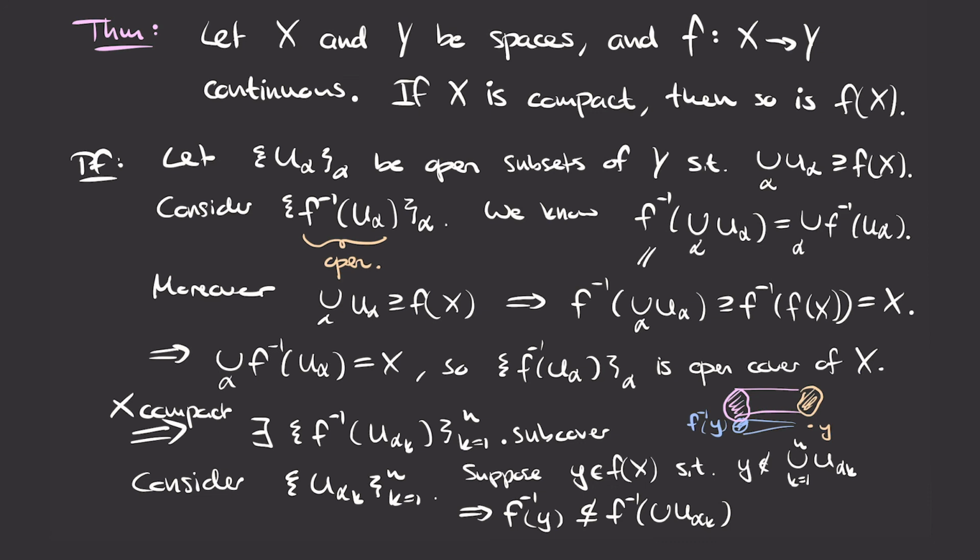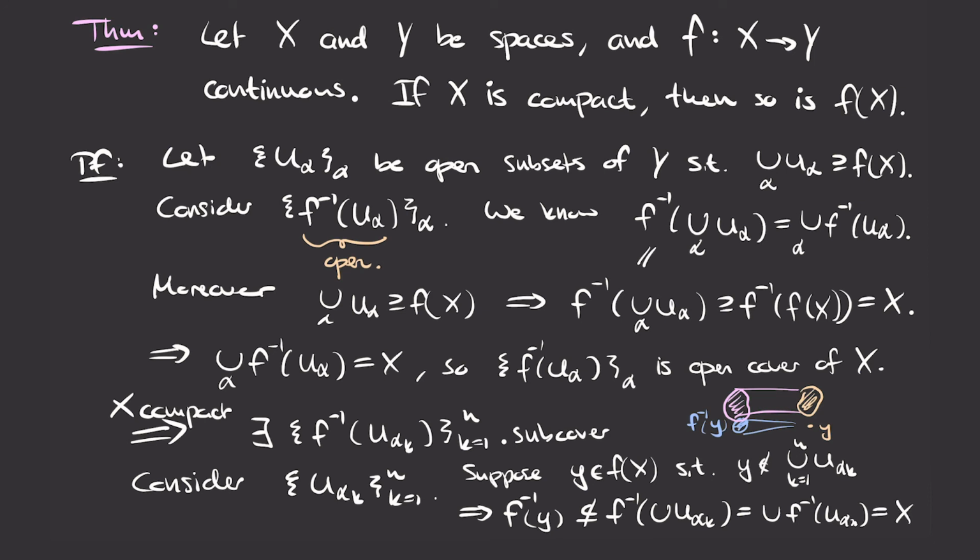Okay, but now on the other hand, because preimages are compatible with unions, this means that the preimage of this union is the same set as the union of the preimages of the U alpha k. But by assumption, these preimages of the U alpha k are a subcover, so this means that their union is equal to x.